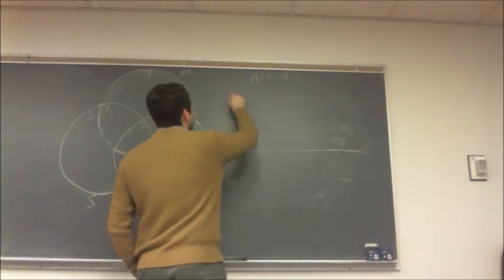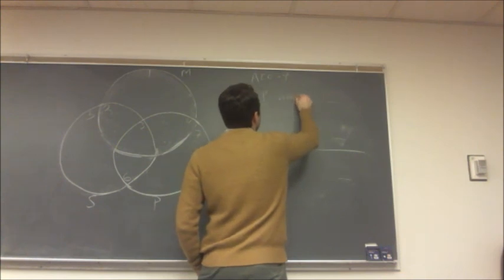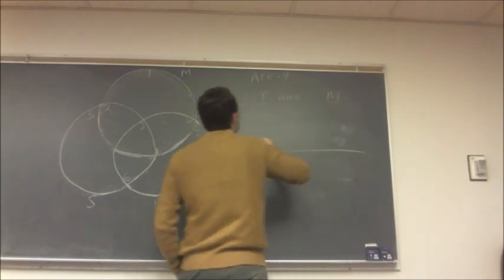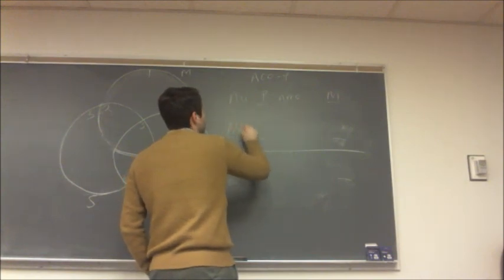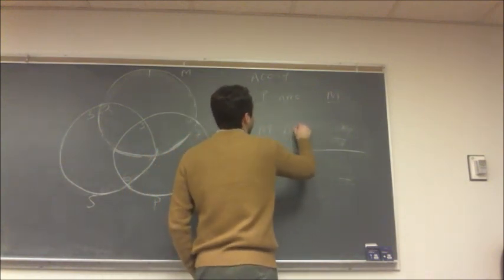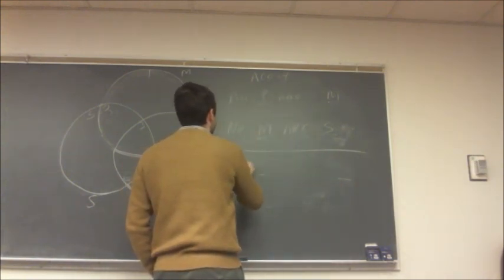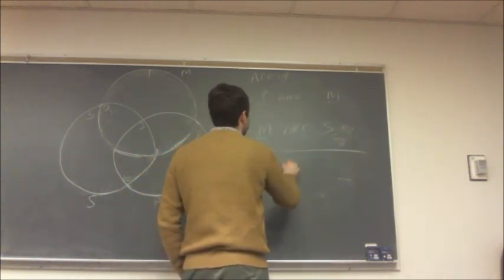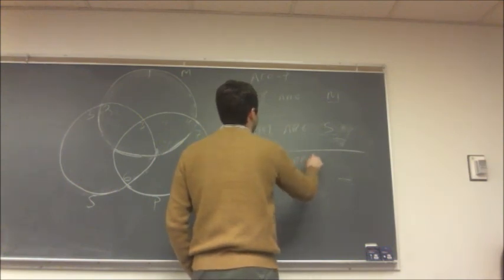So first premise of type A, all P are M. Second premise of type E, no M are S. And then finally our conclusion, some S are not P.